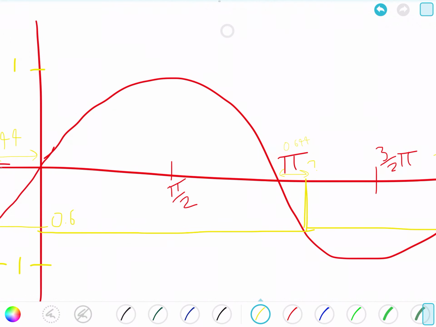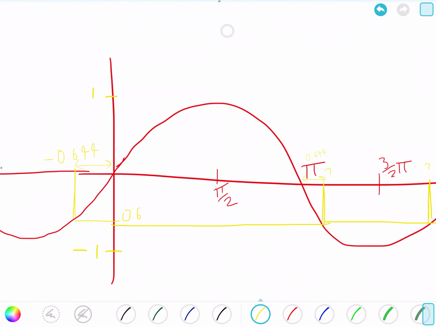So, if you see it's kind of symmetrical, if you excuse the bad drawing, all you have to do is pi plus 0.644, and that will give you the value that you want. So pi plus 0.644, 3.79.